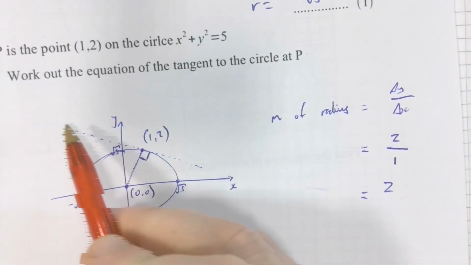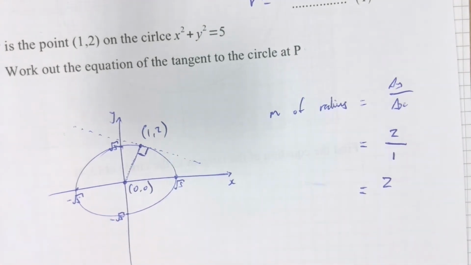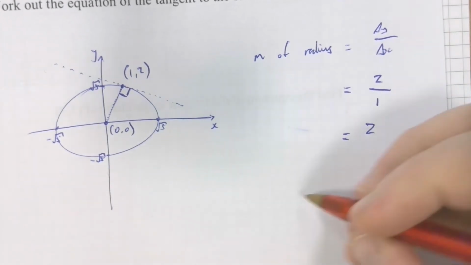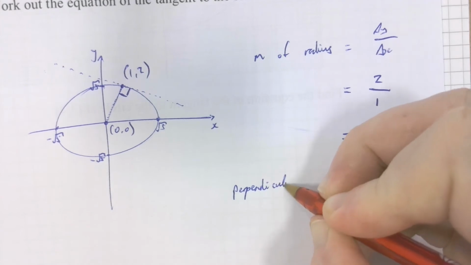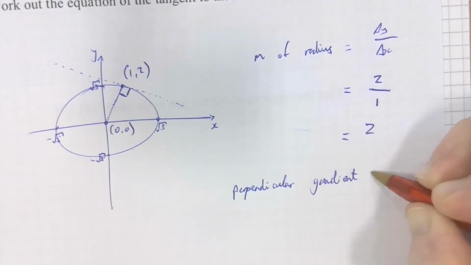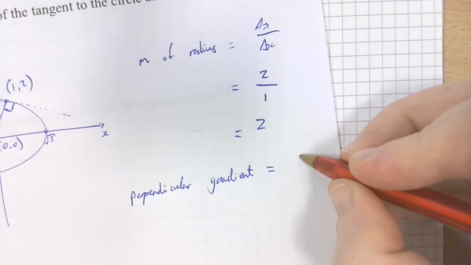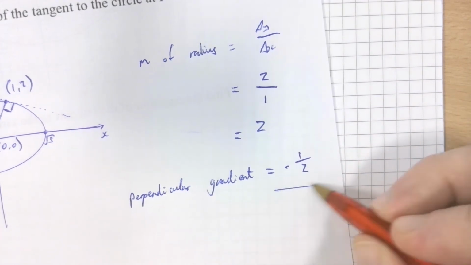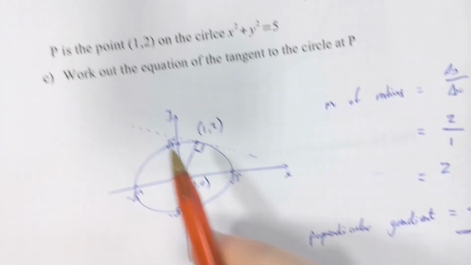What is the perpendicular gradient going to be for this tangent line? Well, if you remember from our revision class, the perpendicular gradient is the negative reciprocal. In other words, flip 2 around to become a half and make it negative. Negative a half is therefore the gradient of this tangent line.